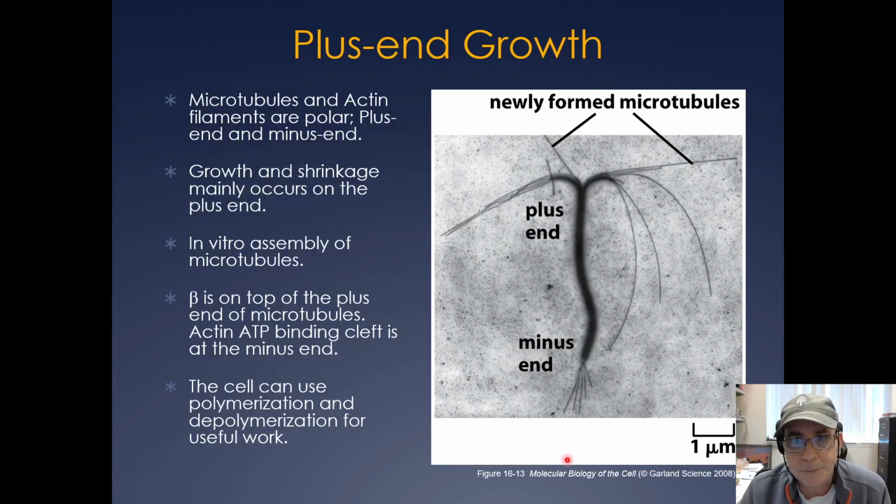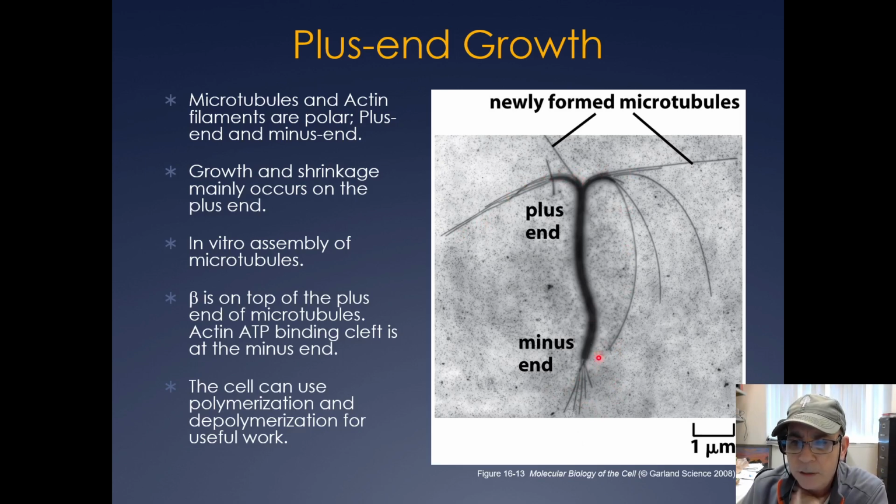Okay, so just in general, microtubules and actin, because they have a plus and minus, that actually makes them polar. Okay, and the growth and the shrinkage of these often occurs mainly at the plus end. Now you can get some minus end growth in vitro.